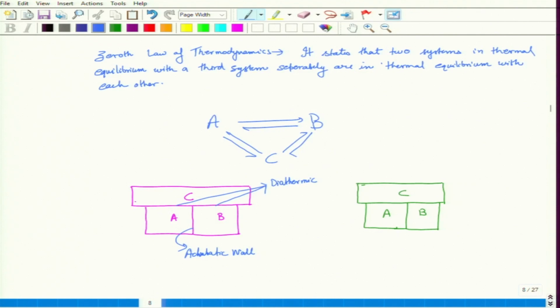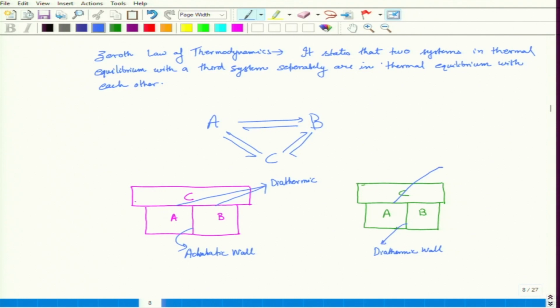In the second case, this wall is replaced with a diathermic wall, and C is insulated from A and B by an adiabatic wall.